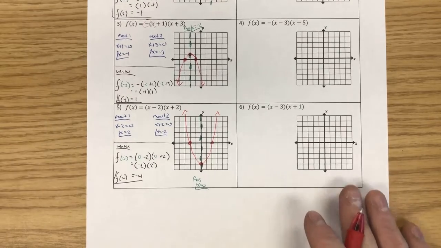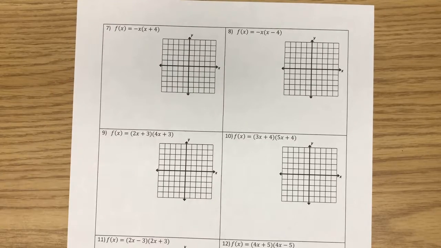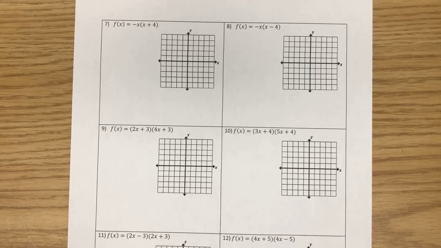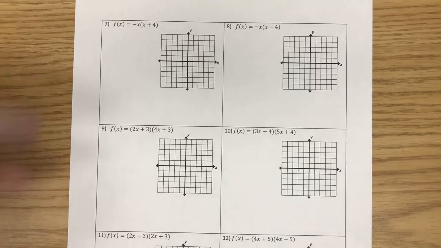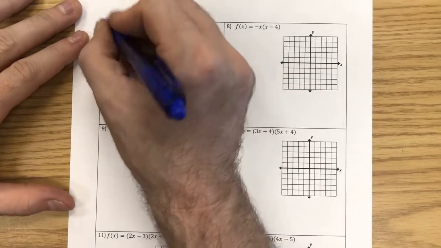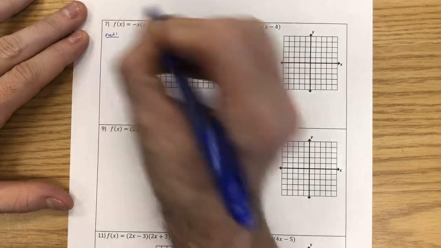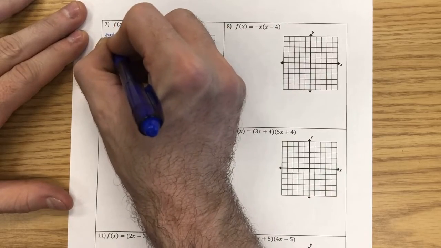Perfect. So let's try something a little different. What happens if I don't have two complete factors? Well, it's a little deceiving because we do. I know I have one of my roots, my root 1, is going to be where x plus 4 is equal to 0.